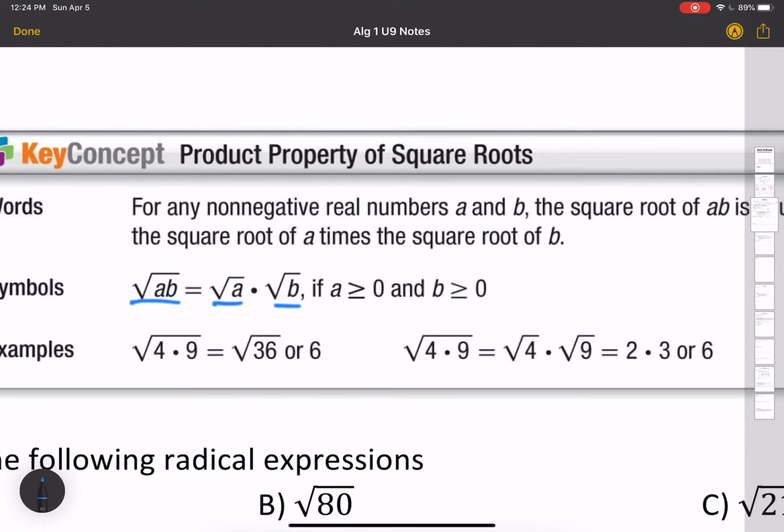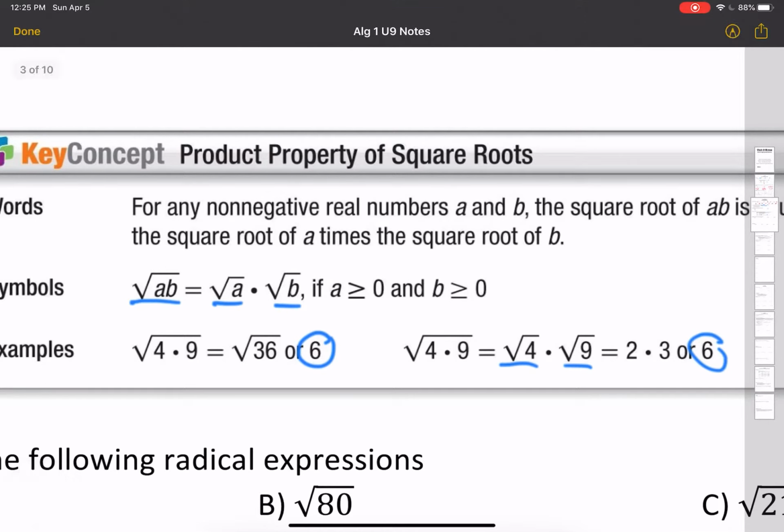So, for example, square root of 4 times 9. 4 times 9 is 36. So the square root of 36 is 6. Or, you break that up into the square root of 4 times the square root of 9, which is 2 times 3, which still gives you the same answer of 6.